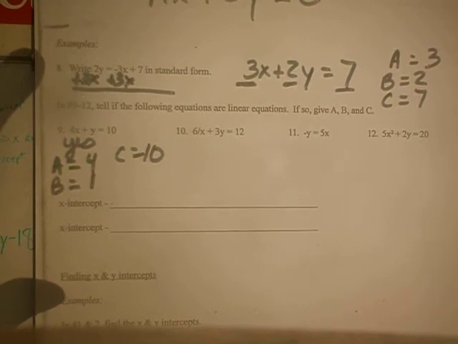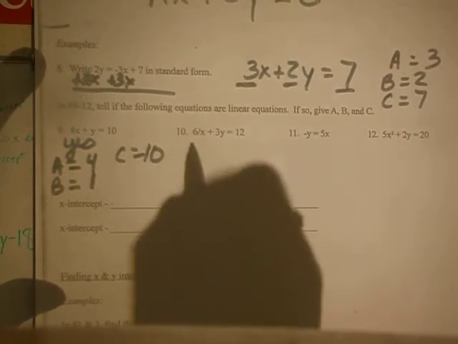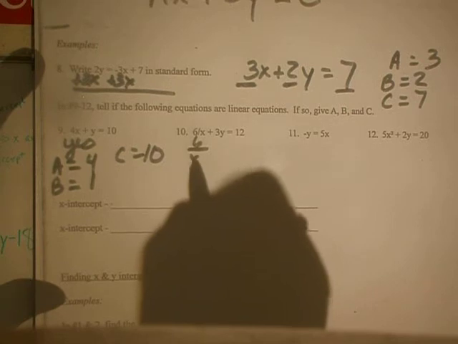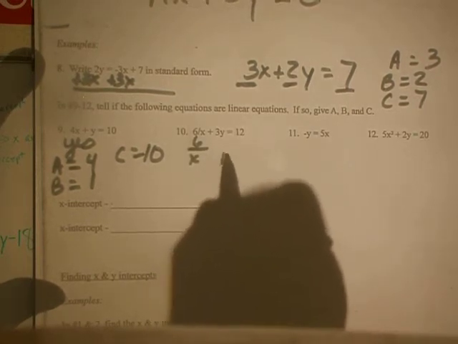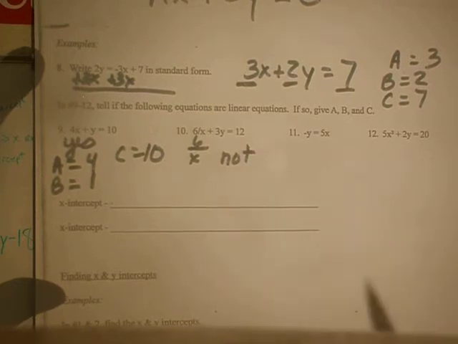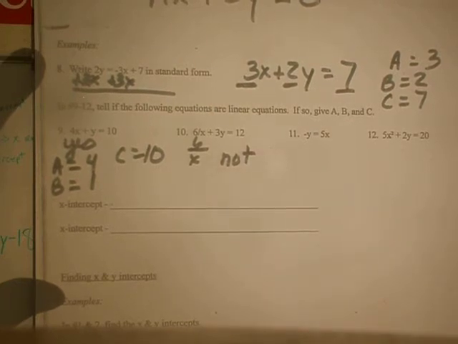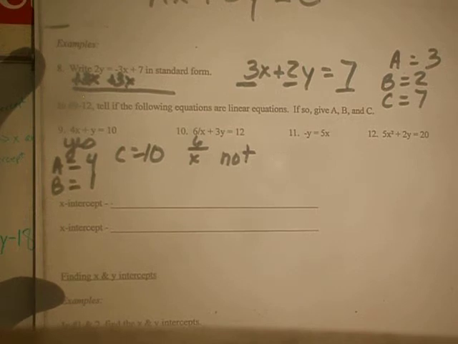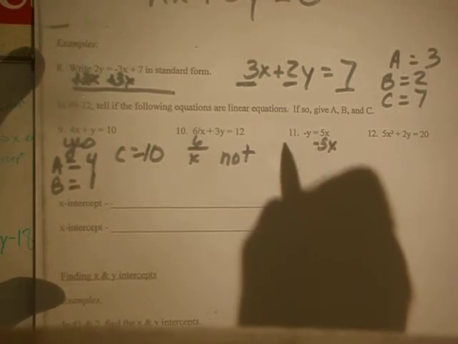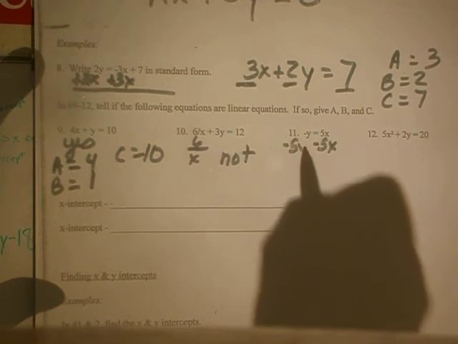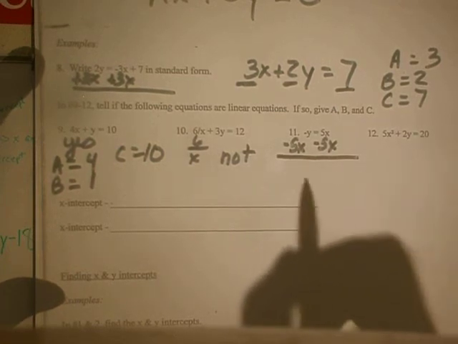Example 10 is 6 over x. Since the variable is on the bottom of this fraction, that one is not a linear function. Number 11, this is a linear function. Right now it's not in standard form. To put that in standard form, we are going to subtract 5x from both sides.